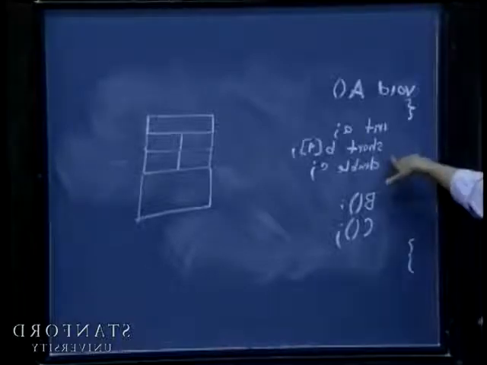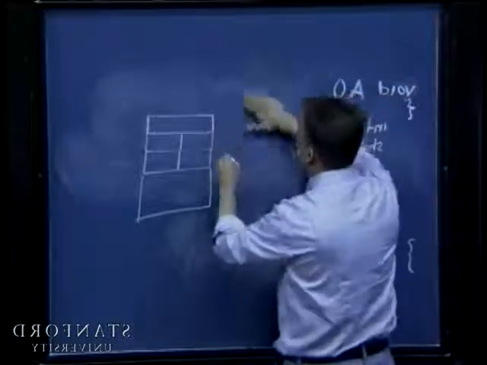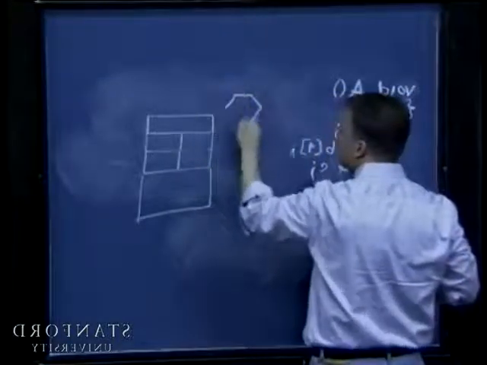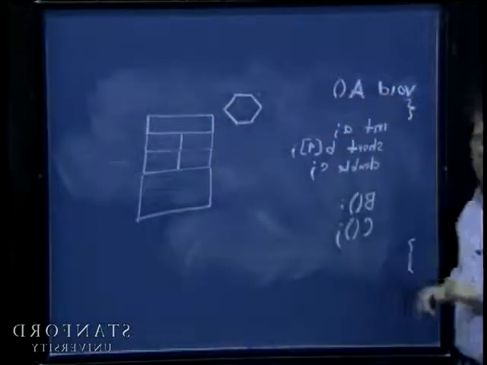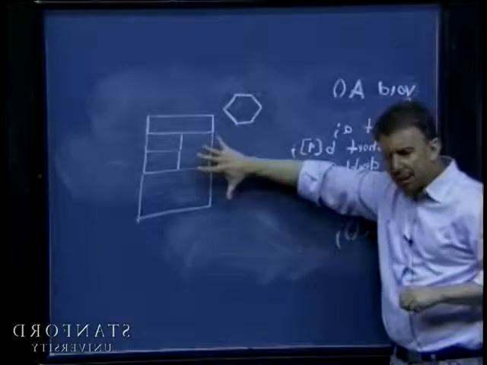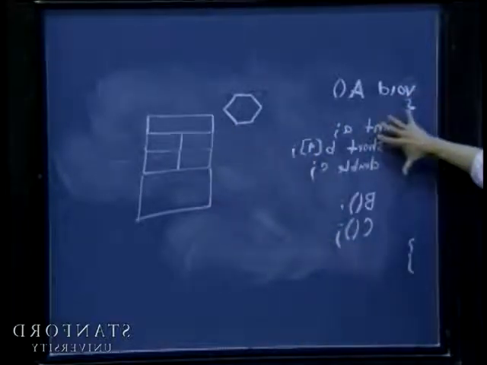When you call this A function, let me not draw this entire thing again, so just let this little picture be abbreviated by the hexagon. This thing is what's called an activation record or a stack frame for this A function.